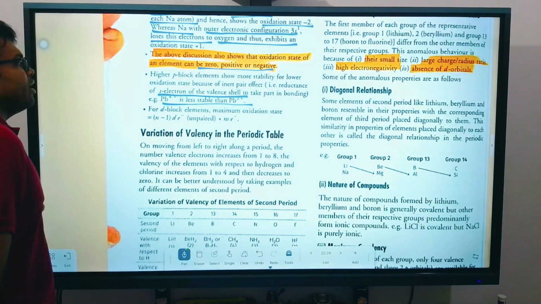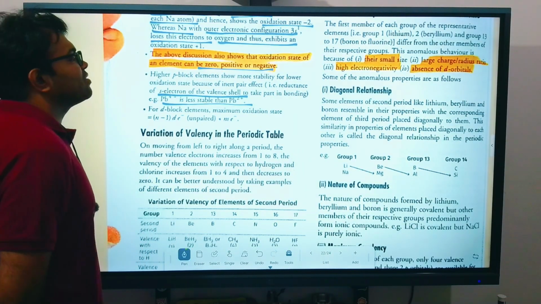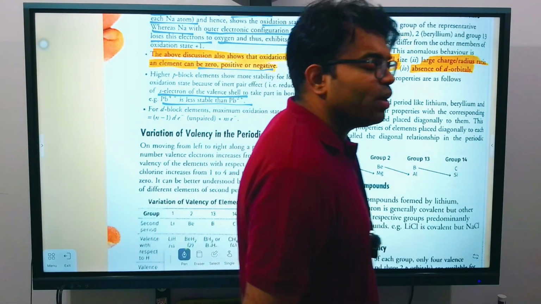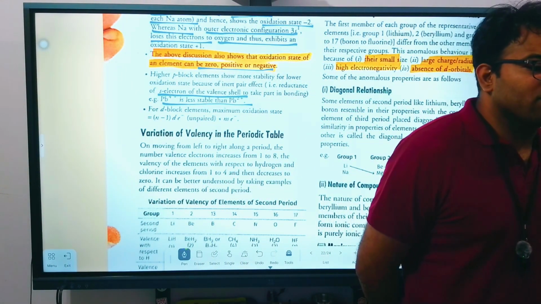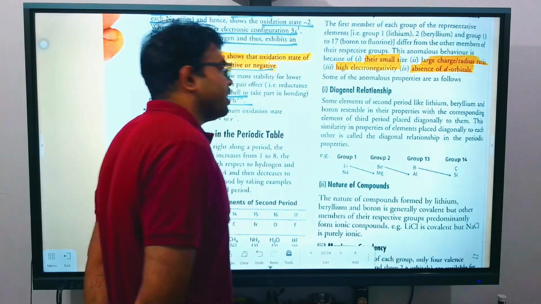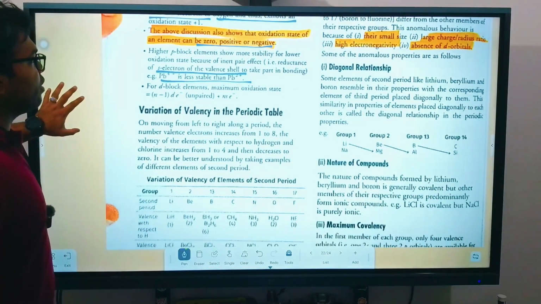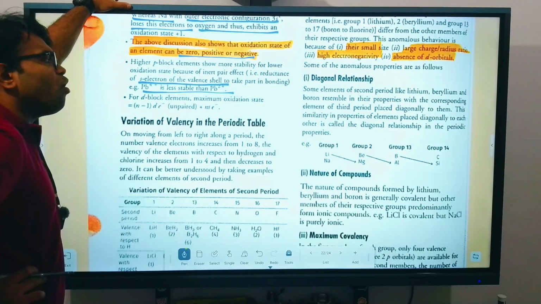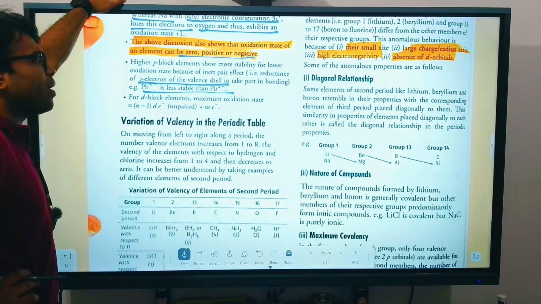For example, Pb4+ is less stable than Pb2+. So lead basically will not give out the electrons from that s orbital, but it will give out from the p orbital.